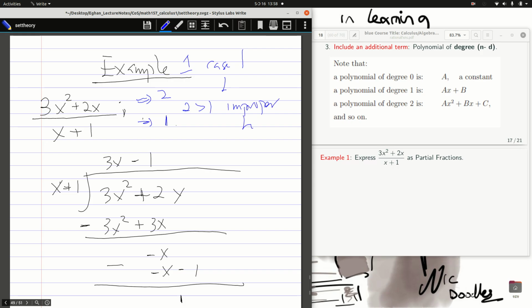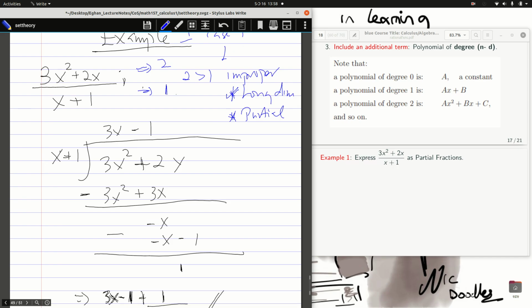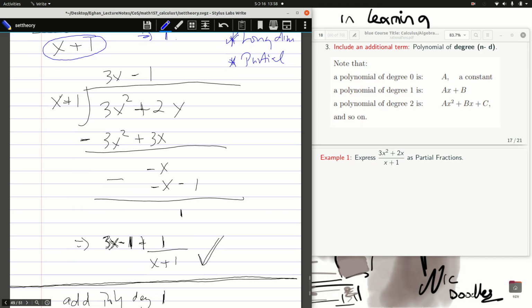It means I have to use the long division approach if it's easier to do, or I can do the partial fraction form if it's difficult to do. I have just a binomial at the denominator, so I can easily do long division. If you go to the long division approach, you have a remainder of 1, trust me, and it means that you are going to get the quotient.